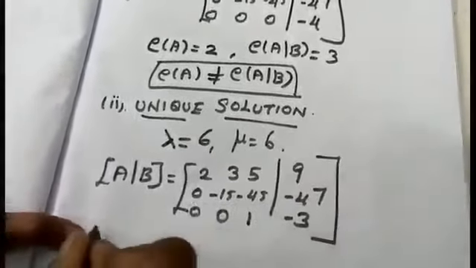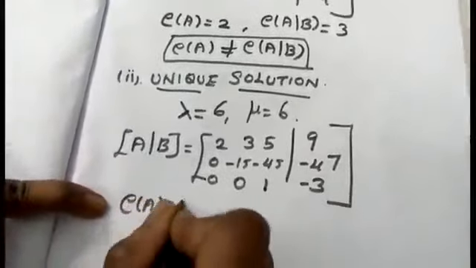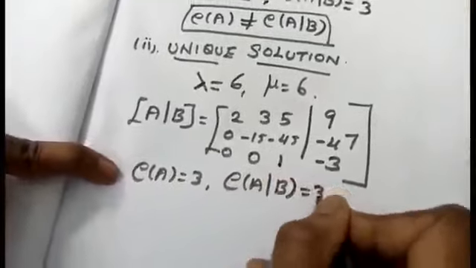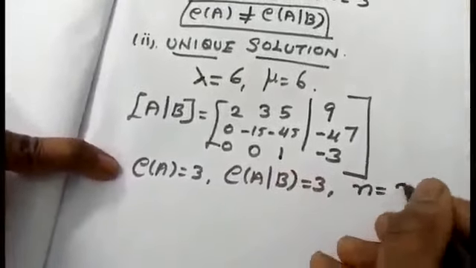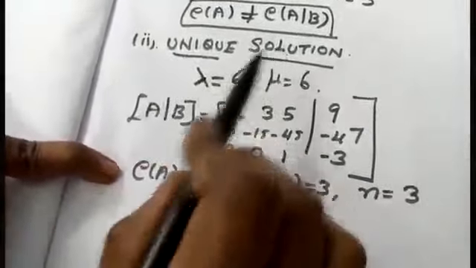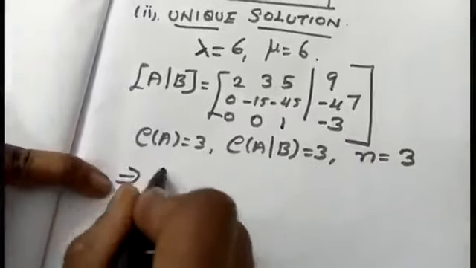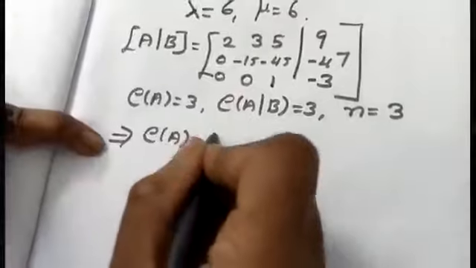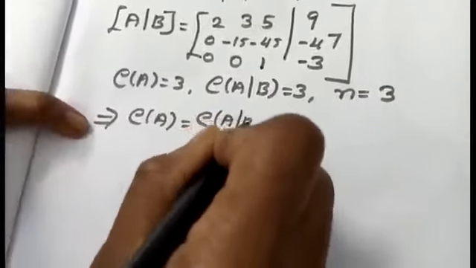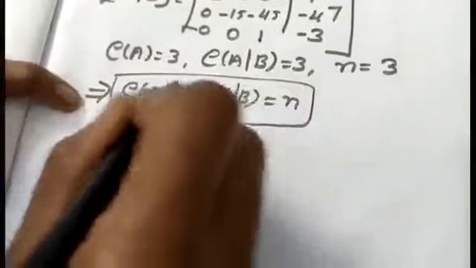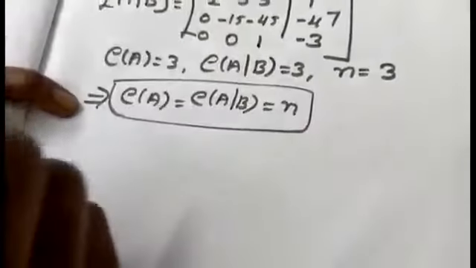Now if you see, rank of A is 3, rank of AB is also 3, and the number of unknowns is 3. For a unique solution you have to check all these three conditions. Rank of A equal to rank of AB equal to 3. All these three conditions are satisfied, so I can say it is a unique solution.